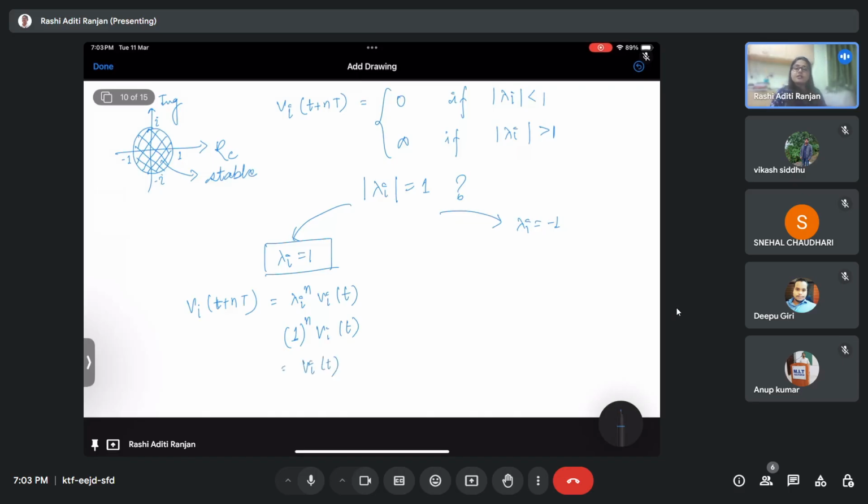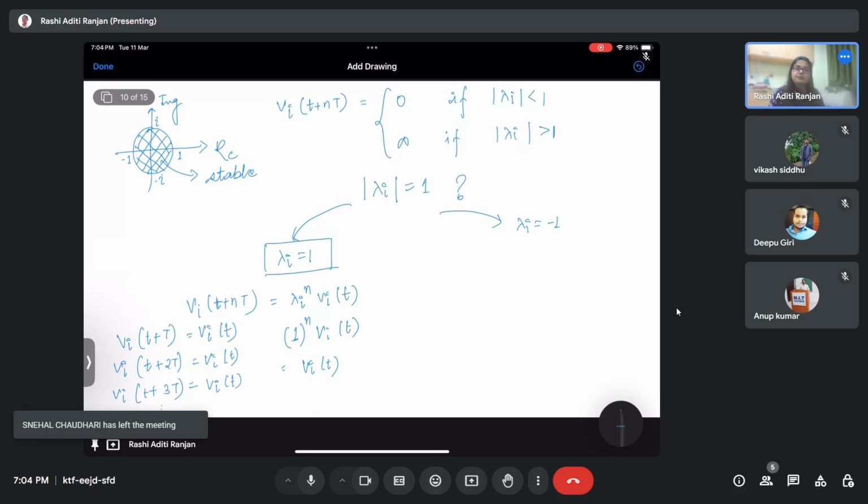What is interesting is that after every time period, my Vi is again returning to the exact same value, which means that after a single time period it is going to be Vi of t. After 2T, Vi of t. After 3T, Vi of t, likewise. Okay, this is going to happen.